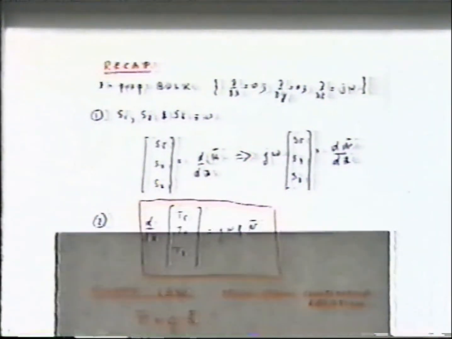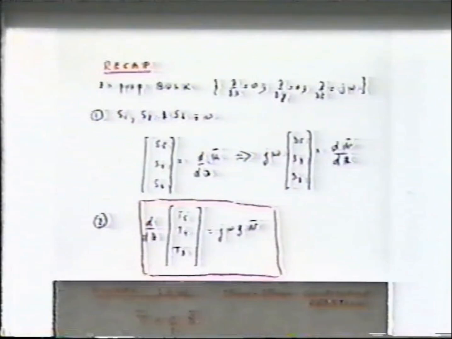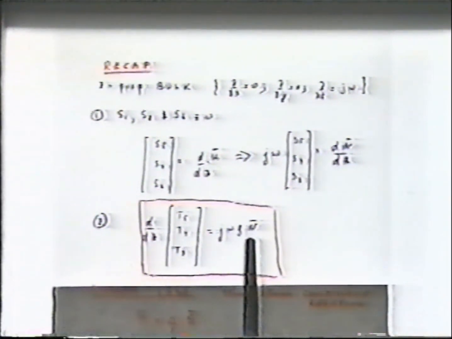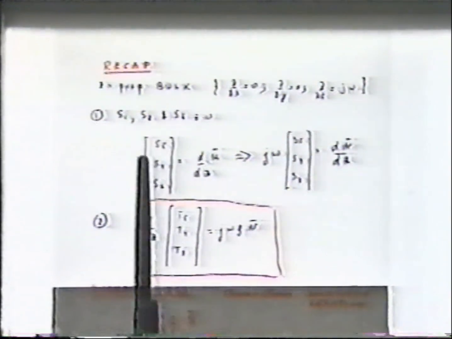The translational equation of motion that we had was the derivative with respect to z of those 3 stress components, and that was j omega rho v. This was what I call the translational equation of motion. It's really force equals mass times acceleration. Okay, stress being force per unit area, the mass is the mass per unit volume. It's a density. So we have these two. Unfortunately, we have 3 variables here, 3 variables there, and 3 variables there.